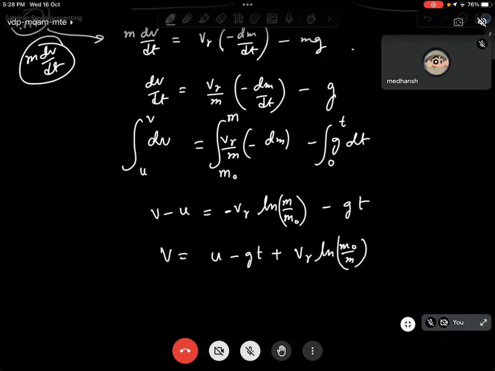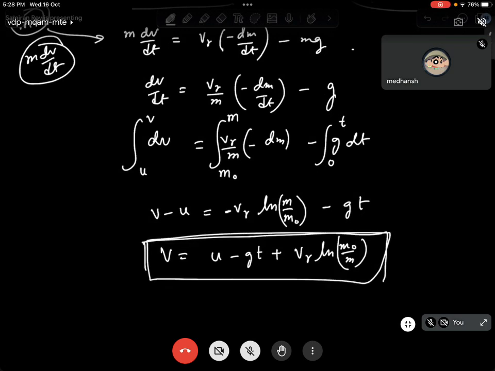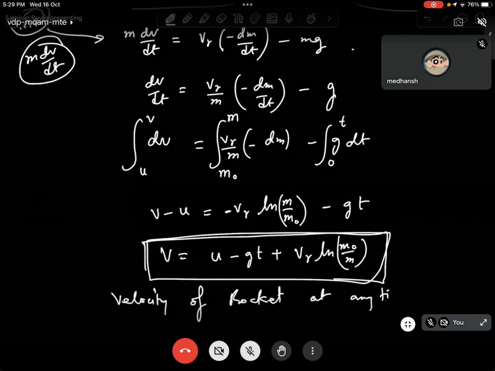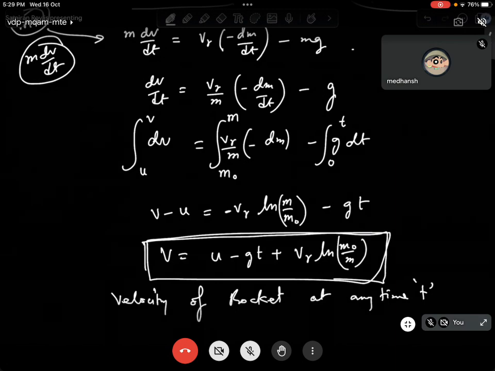Okay, is that clear? So this is the velocity of the rocket at any time t after starting its journey. Clear? Rocket propulsion, all of you.